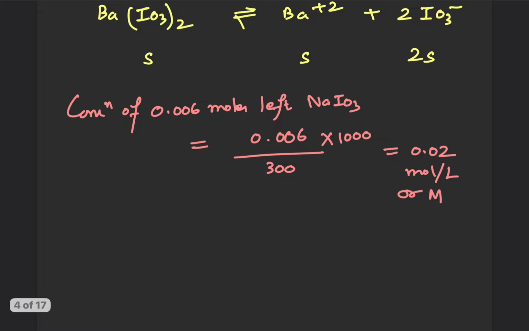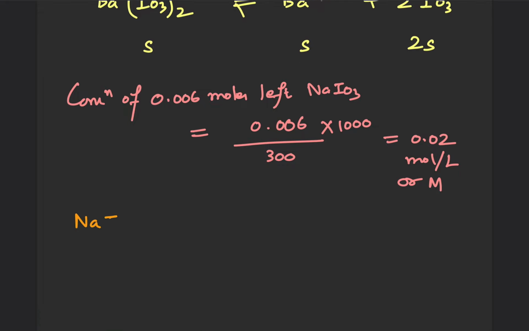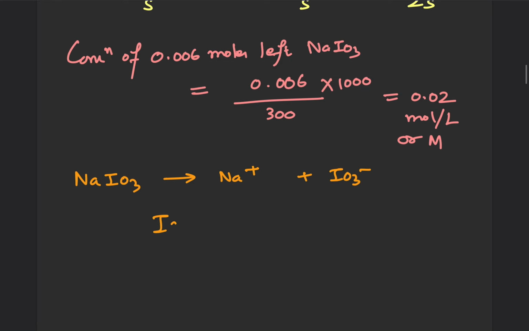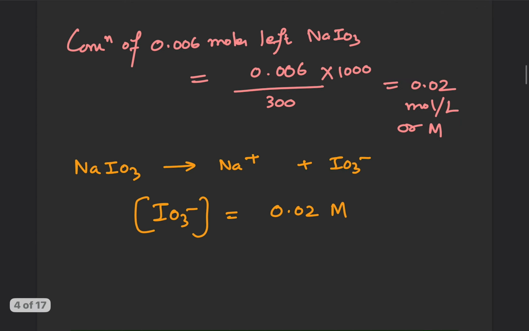And we know that NaIO3 dissociates completely into Na plus and IO3 minus. So if we have 0.02 moles per liter of NaIO3, we will have 0.02 moles per liter of IO3 minus ion. So the IO3 minus concentration will also be 0.02 molar, right?